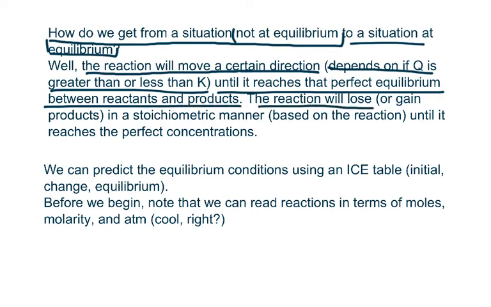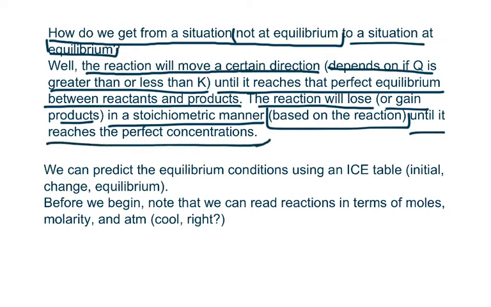The reaction will lose or gain products in a stoichiometric manner, which means that it will be based on the reaction until it reaches the perfect concentrations, which are the concentrations that it wants at equilibrium.